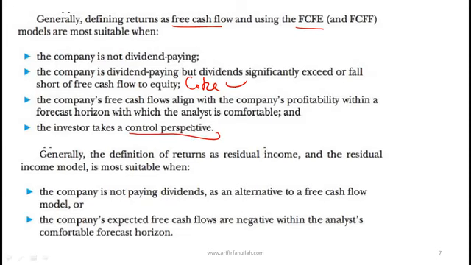Why does the control perspective matter, or why is it useful? You can change dividends. So you can maybe make the company more efficient. So memorize these 4 bullets, and then there'll be a sub-categorization between free cash flow to equity and free cash flow to firm in the next reading.